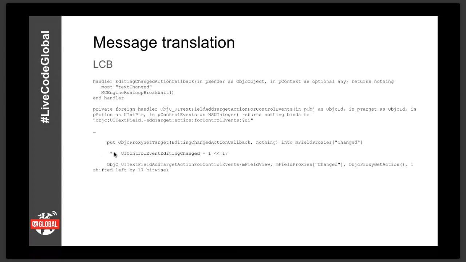I've missed out a comment character here. This is just as a note, so you can find on the API what actual values some of these things have. So this control event is 1 shifted left by 17. So we define the handler we want for the callback.